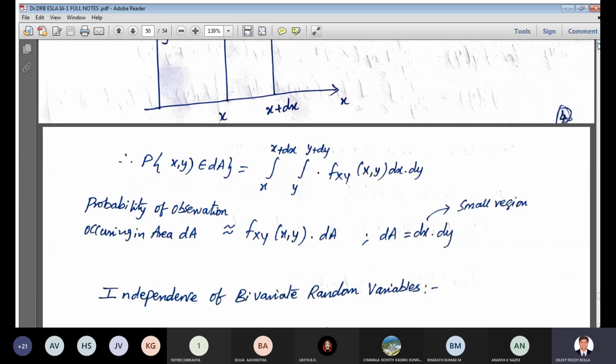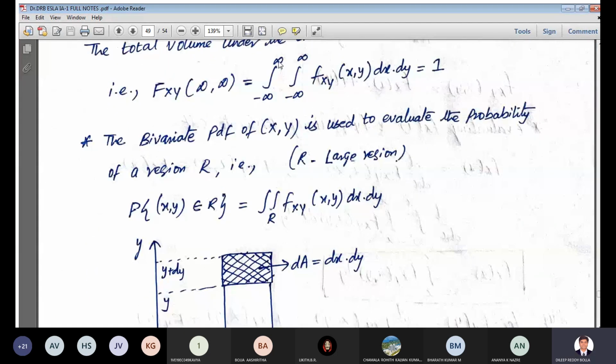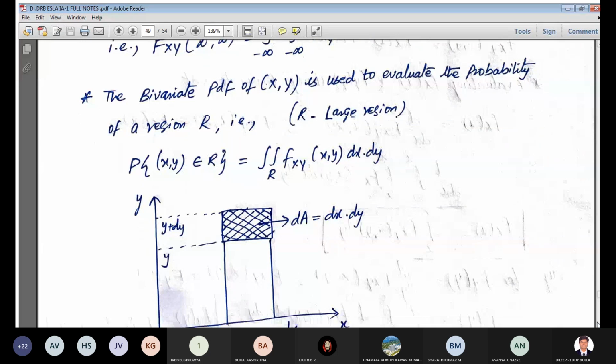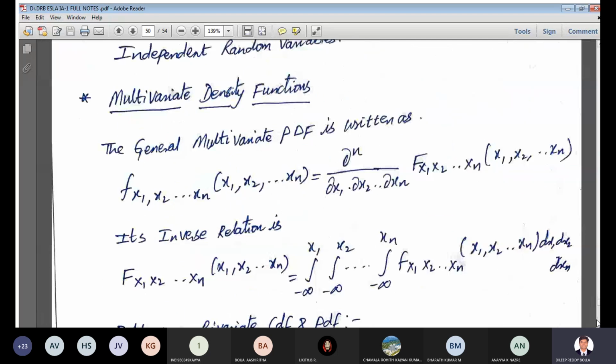You can see the formula here, where we wrote minus infinity to infinity. Where we didn't know the minus infinity limit, we wrote minus infinity. Now we know that it is x. Similarly, plus infinity we didn't know, so now it is x plus dx for the x part, and y plus dy for the y part.